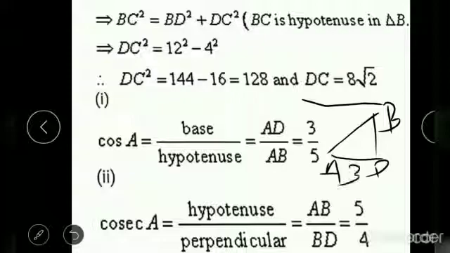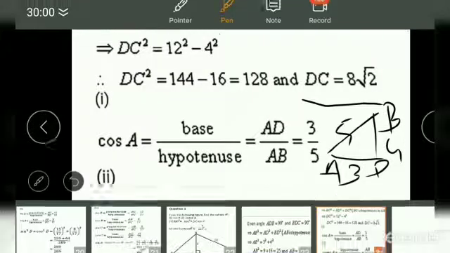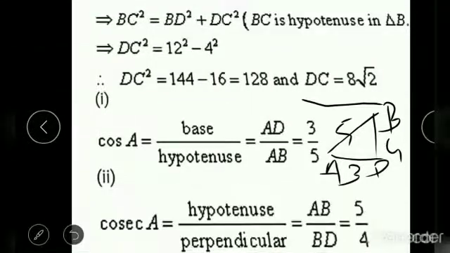It is 3, BD is 4 and AB is 5. We have found that out, right? So here base by hypotenuse. The base here is AD and the hypotenuse is AB. The value of the base is 3 and the value of the hypotenuse is 5. So cos A will be 3 by 5.